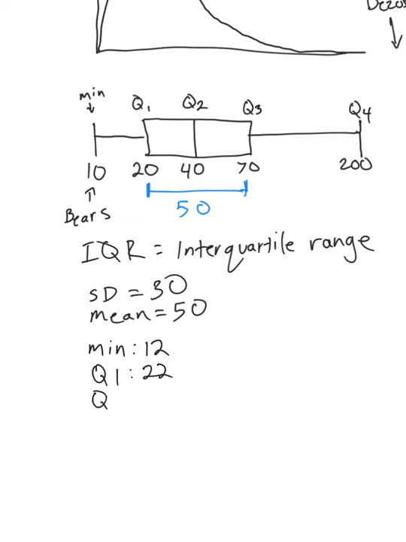Our Q2 or median would be 42. Our Q3 would be 72. And our Q4 would be 202.